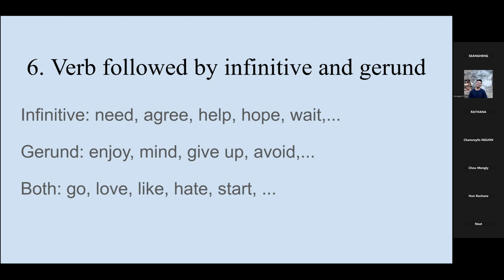You may have one question: when should we use the passive infinitive and passive gerund? Now I let you all know how to use them. First, we use the passive infinitive to focus on the receiver of the action, and when we don't want to mention the agent, the person who does the action.